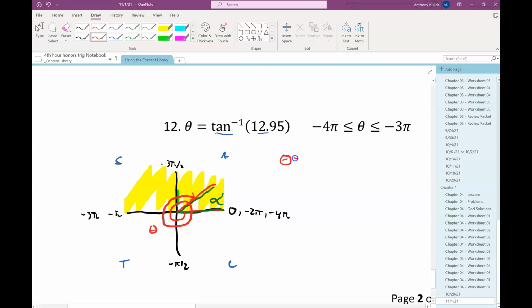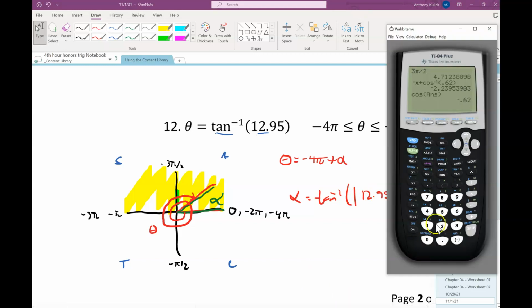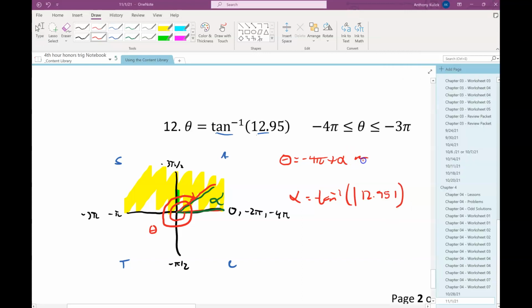So theta is negative 4 pi plus alpha, where alpha is tan inverse of the absolute value of 1295. Negative 4 pi plus tan inverse 1295. So negative 1107 is my answer there.